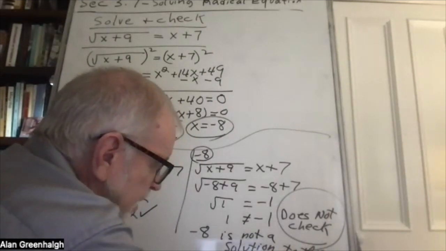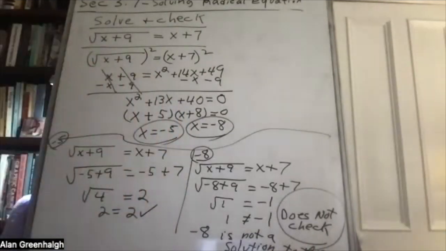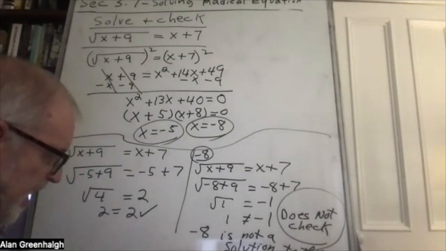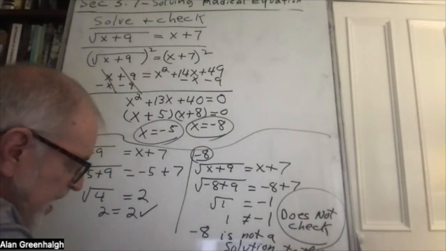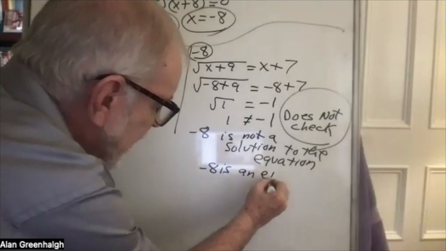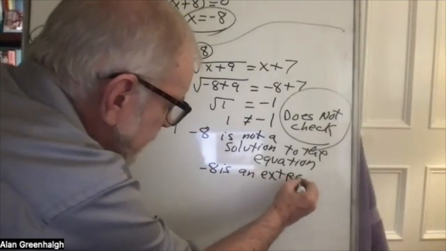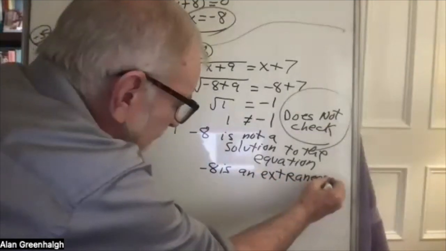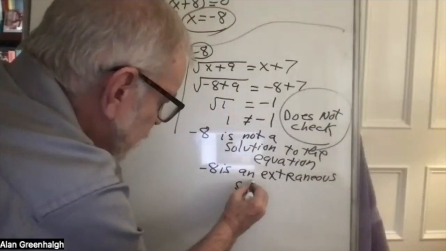Or even better, to say that -8 is an extraneous solution.